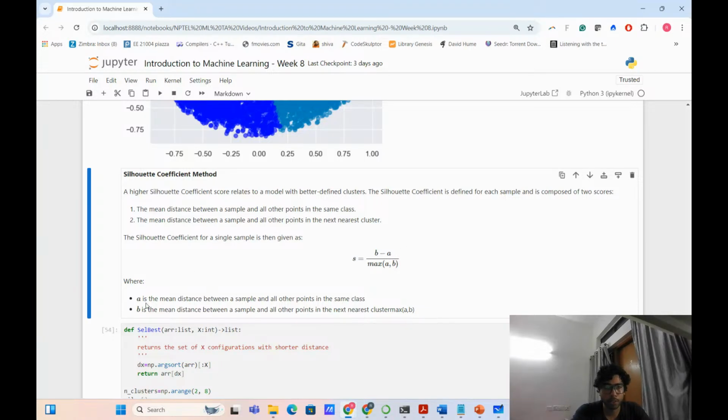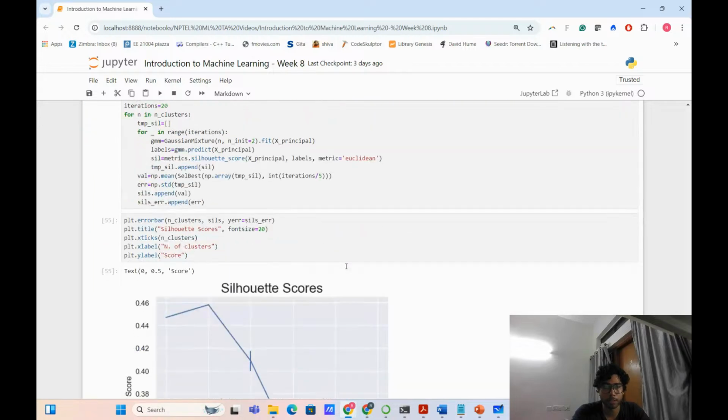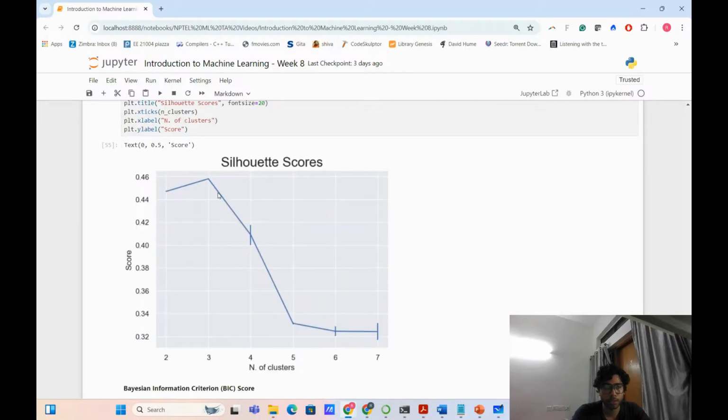If you read through this, you will see that A is the mean distance between a sample and all other points in the same class, so this is like an intra-cluster distance. B is the inter-cluster distance. So the higher the silhouette coefficient, the better the model is. So these are the silhouette scores. After this, the silhouette score decreases, right? So this is the optimal number of clusters that you choose. So 3 is the optimal number of clusters, right?